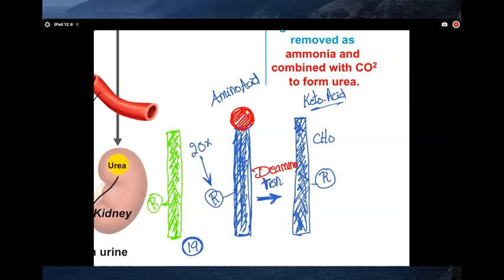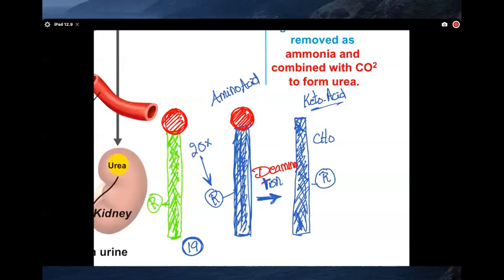And it has an amine group on top of it, like this. You're going to come with the keto acids of the ones that you can deal with.